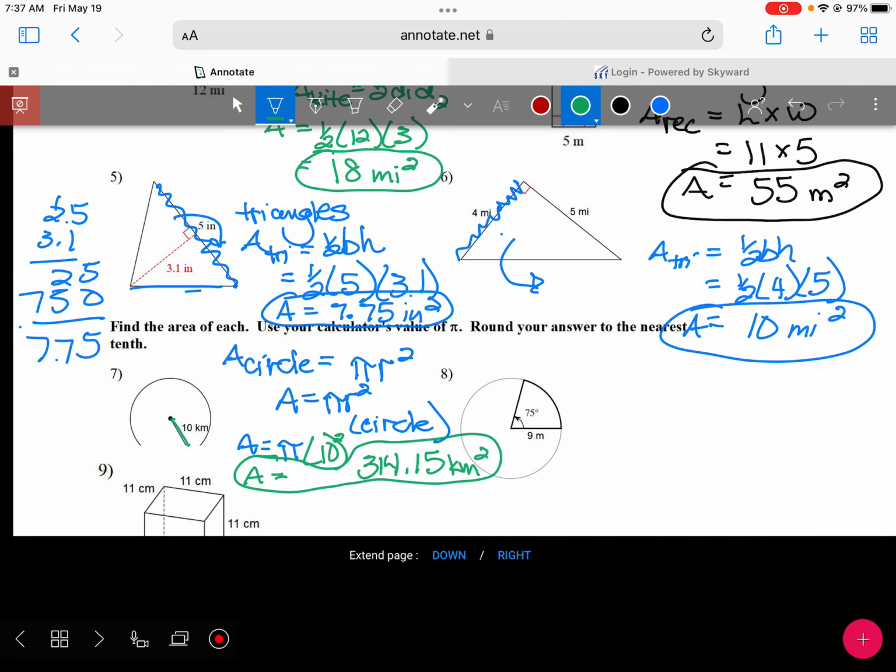Any questions on that? Number 8. Now, if you take a slice of a pie, what do we call this right here? We want to find its area.